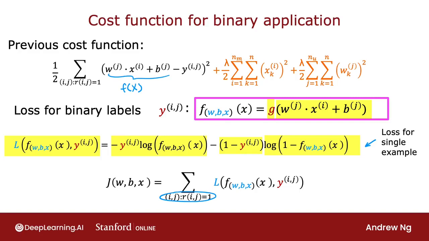And now instead of this squared error cost function, we're going to use that loss function as a function of f of x, comma, yij, where f of x here, that's my abbreviation, my shorthand for g of wj dot xi plus bj. And if you plug this into here, then this gives you the cost function that you can use for collaborative filtering on binary labels.